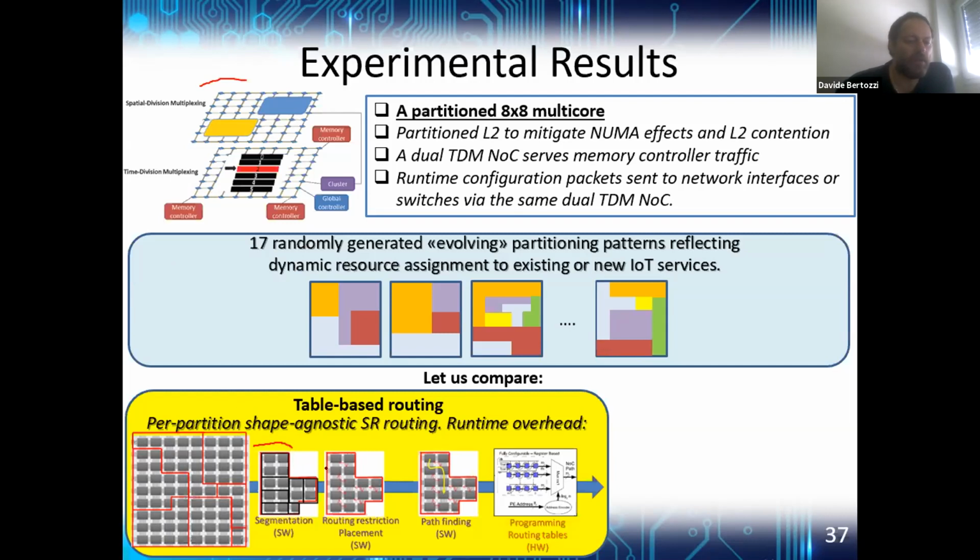And in each segment, it introduces routing restrictions in such a way that all the legal routing paths will be deadlock-free. Then you solve an optimization problem. You find the shortest path in this new scenario, and then you populate the routing tables. That's the way a standard state-of-the-art table-based routing approach would work, coupled with shape agnostic routing.